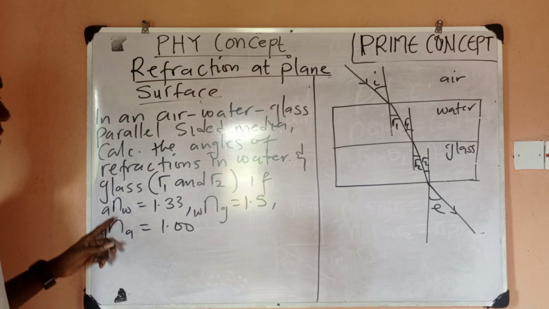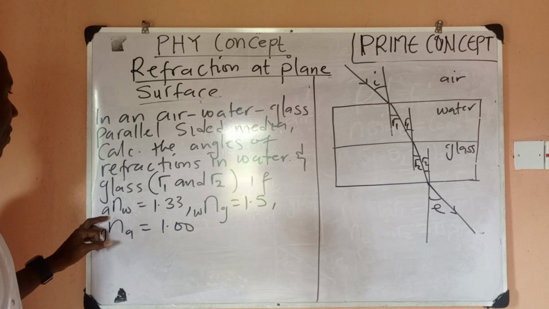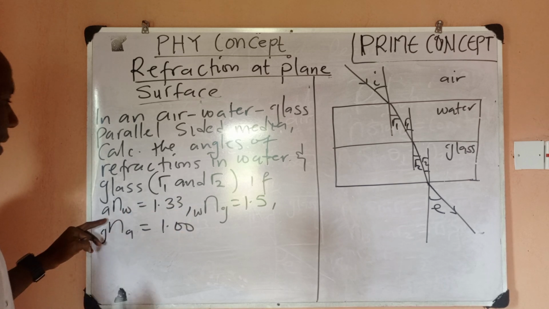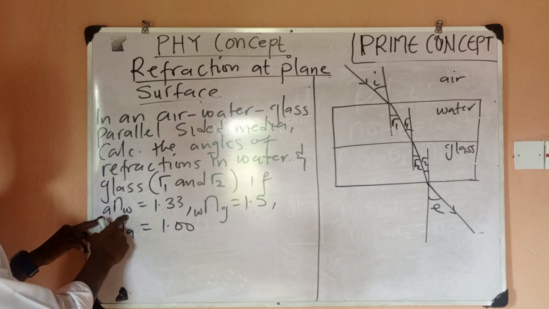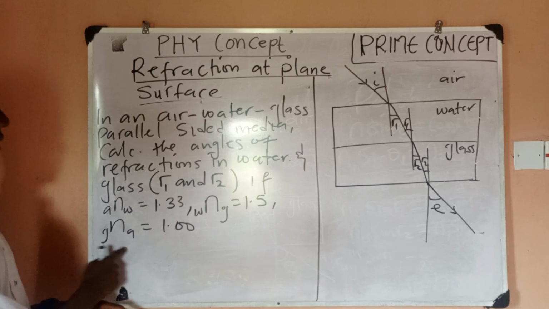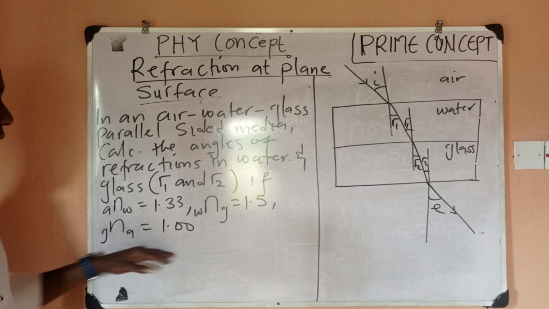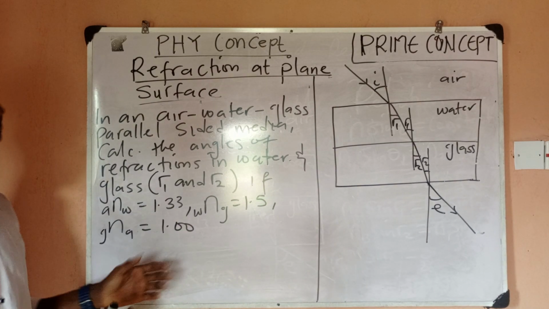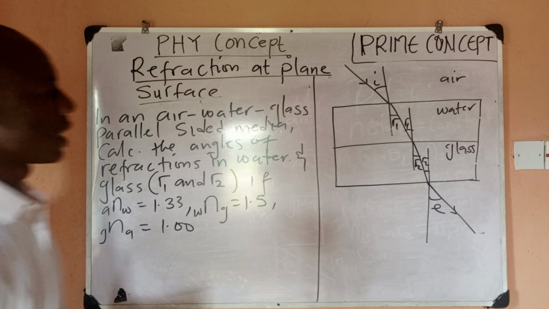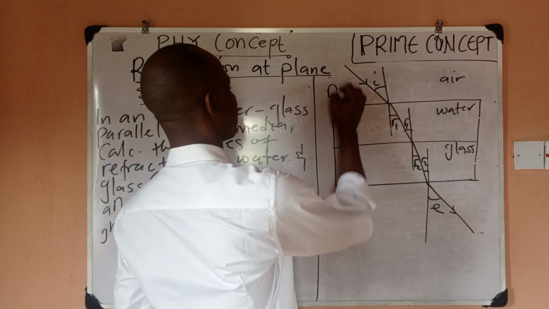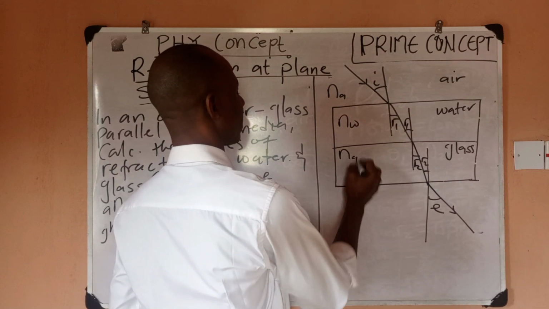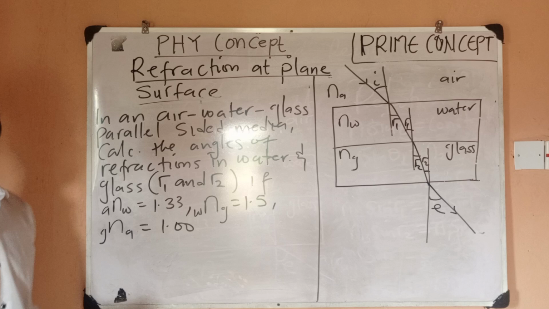They said the refractive index in water relative to air is this, that in glass relative to water is this, and that in air relative to glass is 1. So they gave us the refractive indices. We can call these N air, N water, then N glass, to avoid ambiguity, and these are just the values they gave us.